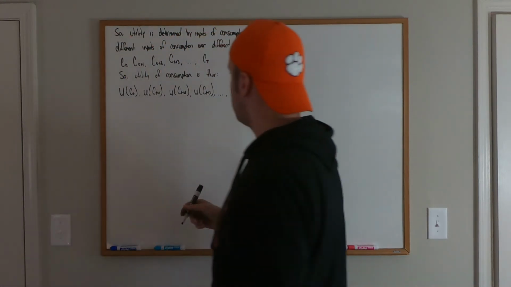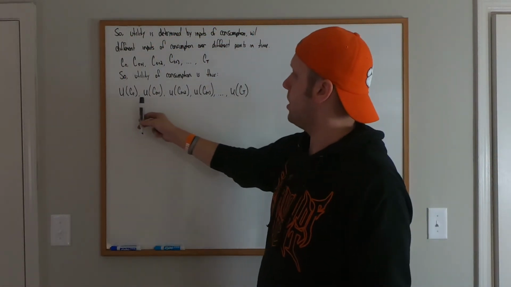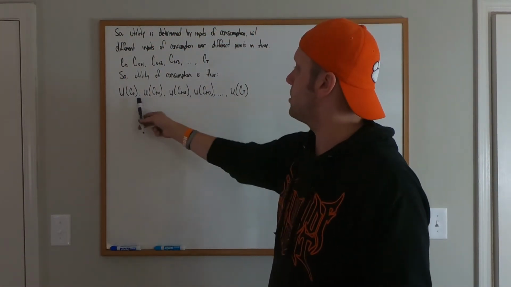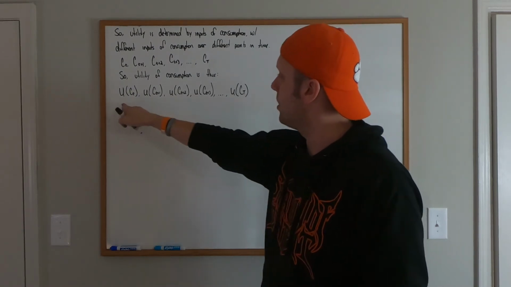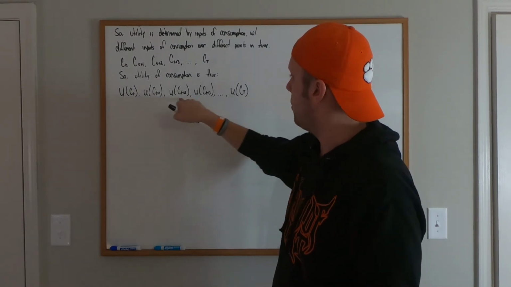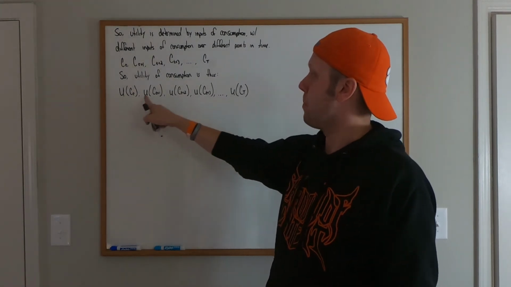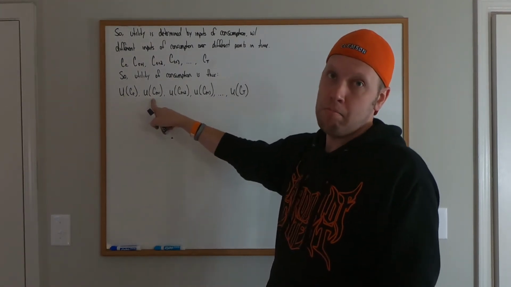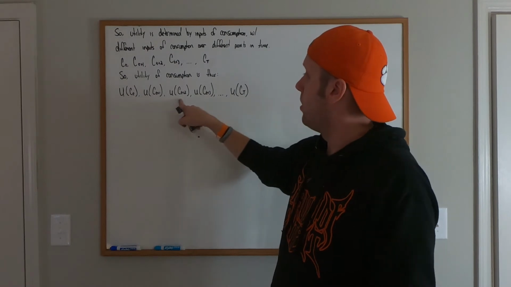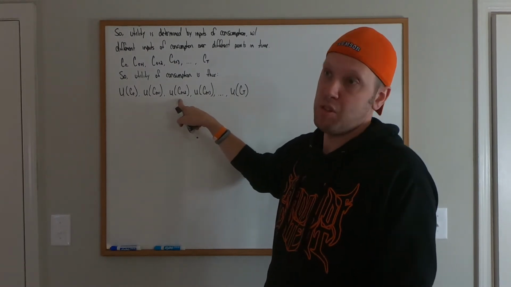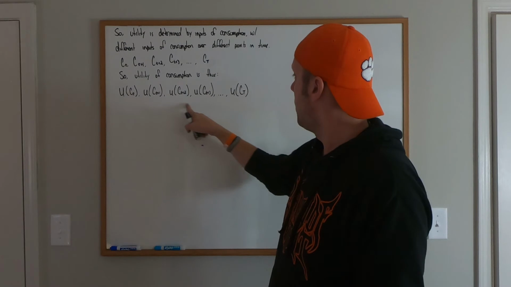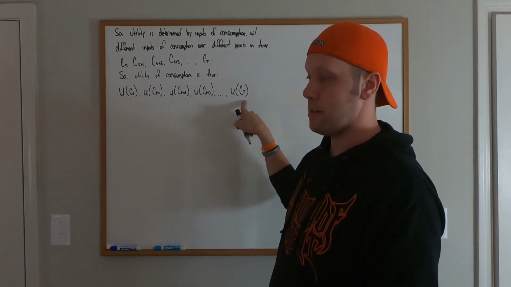So utility of consumption would really be a sequence of utilities, or really a sequence of consumptions that are chosen that yield utility of consumption at each point in time. U of Ct, utility of consumption today. U of Ct plus 1, utility of consumption tomorrow. U of Ct plus 2, utility of consumption 2 days from now. All the way up to utility of consumption in the last period.